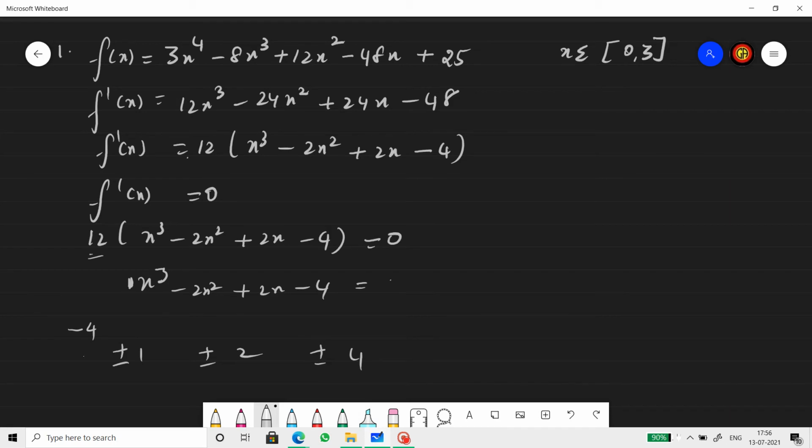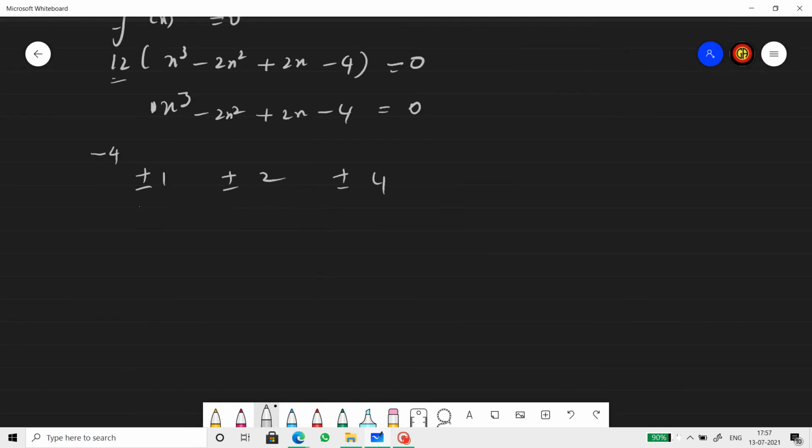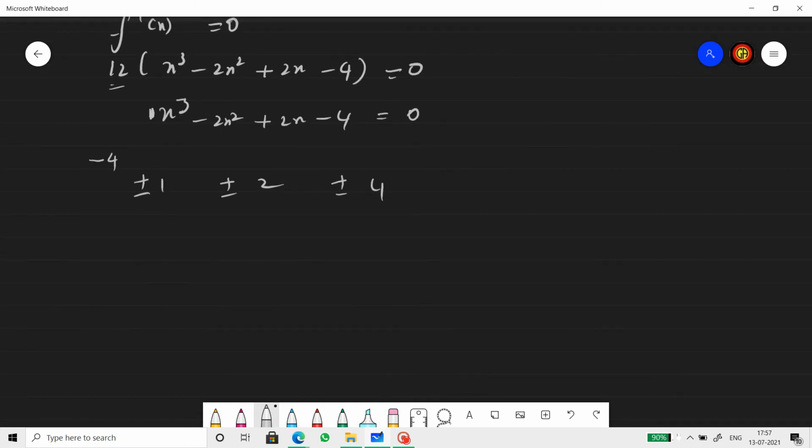Now, whether by trial and error method or by equating coefficients, check whether plus 1 or minus 1 is a factor of this polynomial. If you can find one factor, I can divide this cubic polynomial by that, and then I can generate a quotient which will be a quadratic polynomial, and I can split the middle term for that. So first thing, I need to find at least one factor so I can proceed with long division or synthetic division.